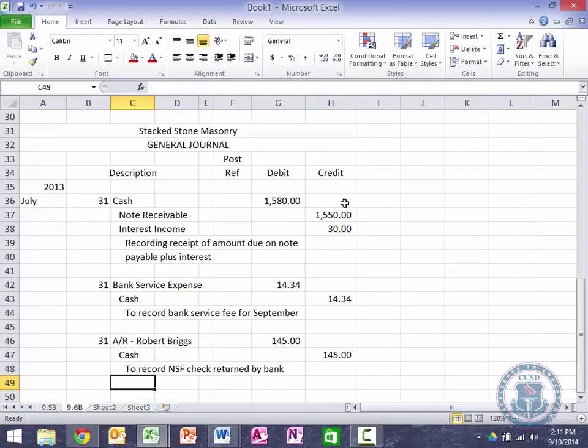We have 10 minutes in class. 9.7 is just the general journal section of this whole thing. What I'd like you to do is sit here and try to figure out on your own. For 9.7b, we're not going to prepare anything but the journal entries.